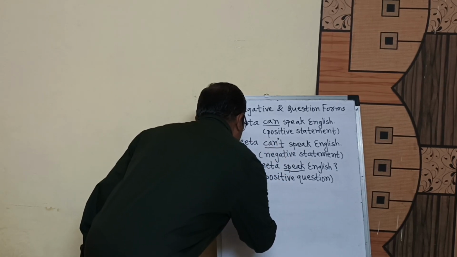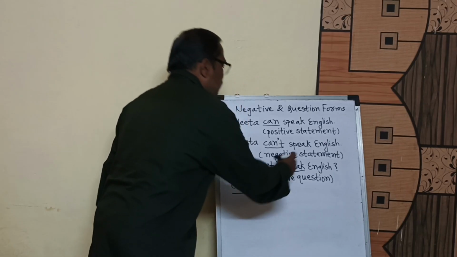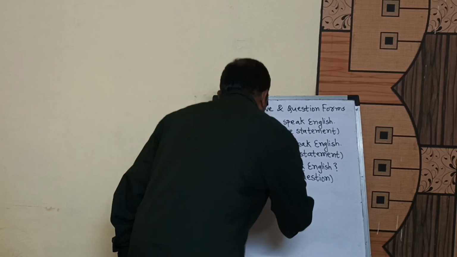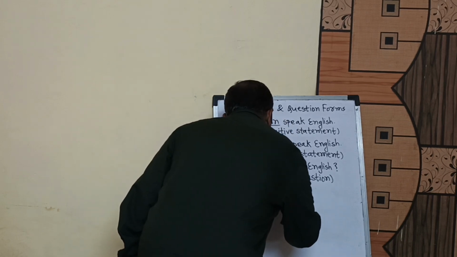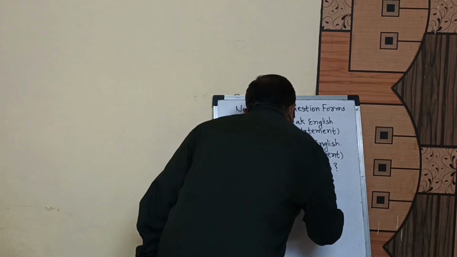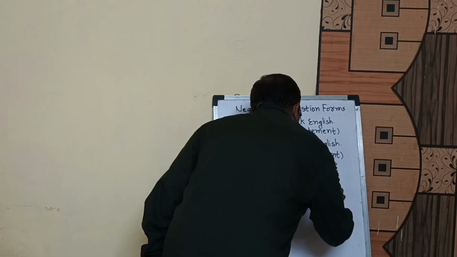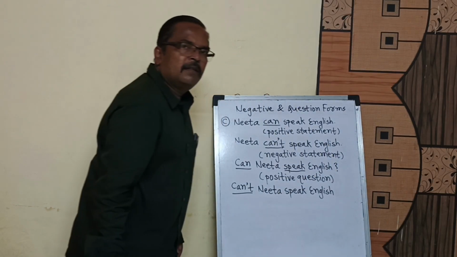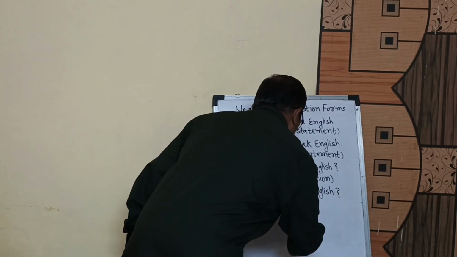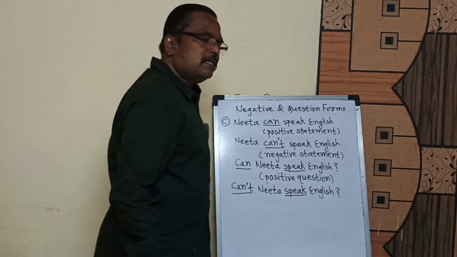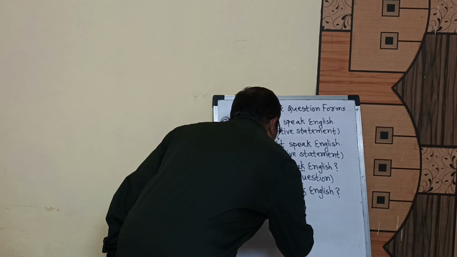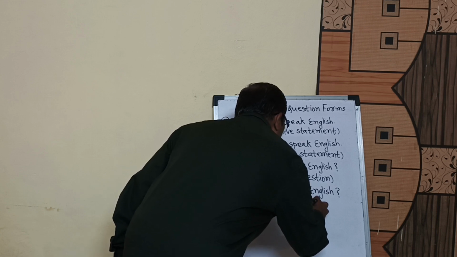In the beginning, we are going to write can't, then the remaining sentence we are going to write as it is, that is: Can't Nita speak English? And once again, we should not forget to make use of a question mark at the end of the sentence. Thus, the sentence is a negative question.